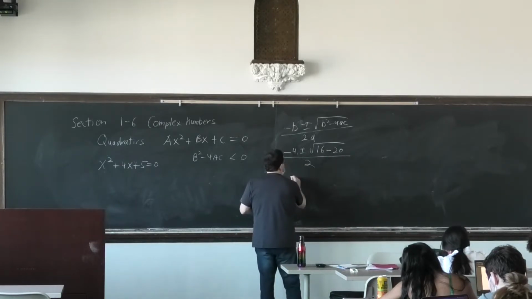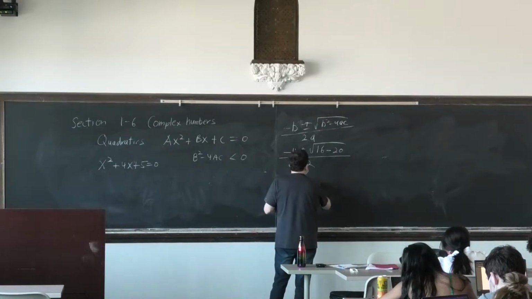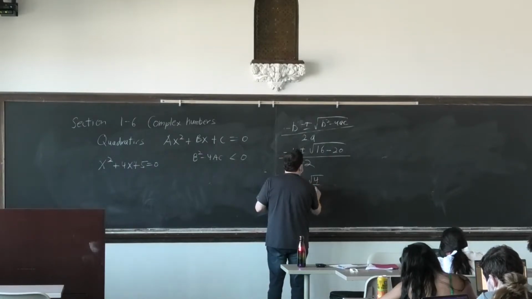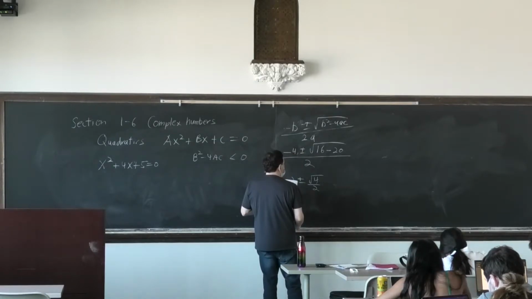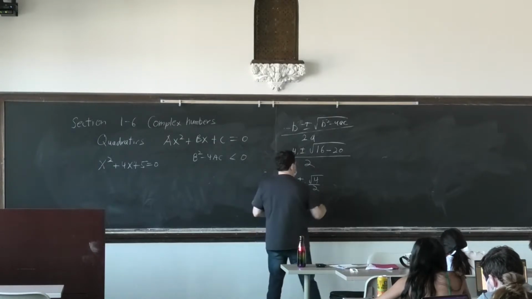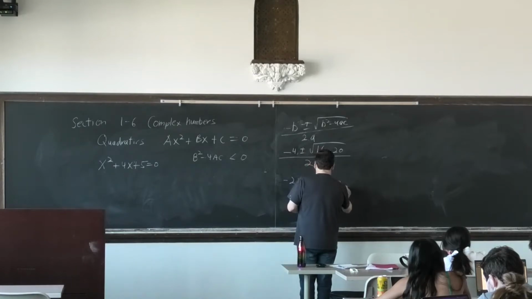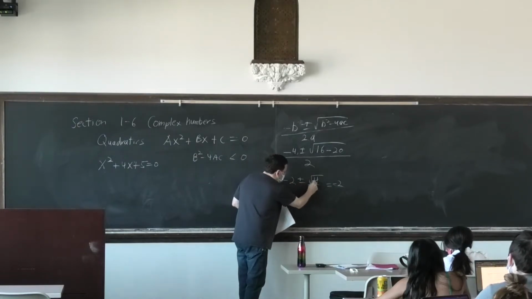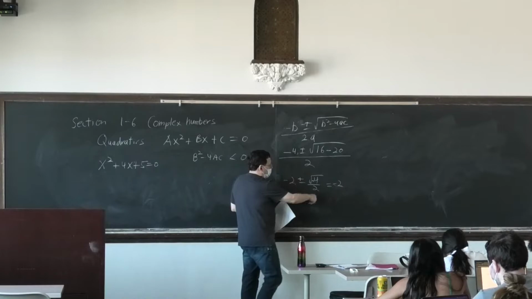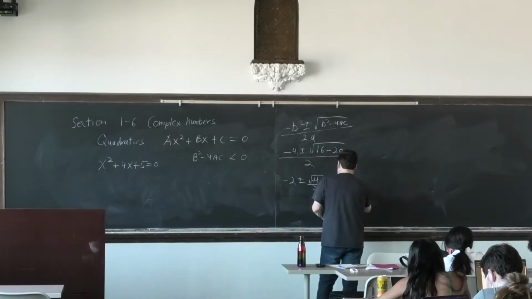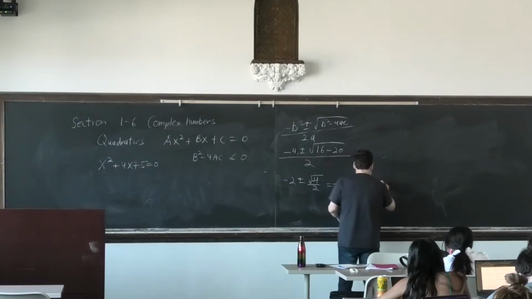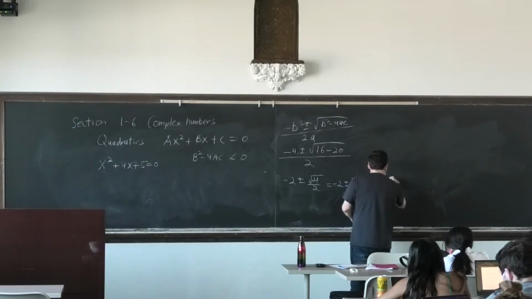So we're going to have negative 2 plus or minus the square root of negative 4, over 2. Is that right? Yeah. Our rules for radicals are going to still work. This is going to be plus or minus the square root of negative 1. So this is negative 2 plus or minus i.